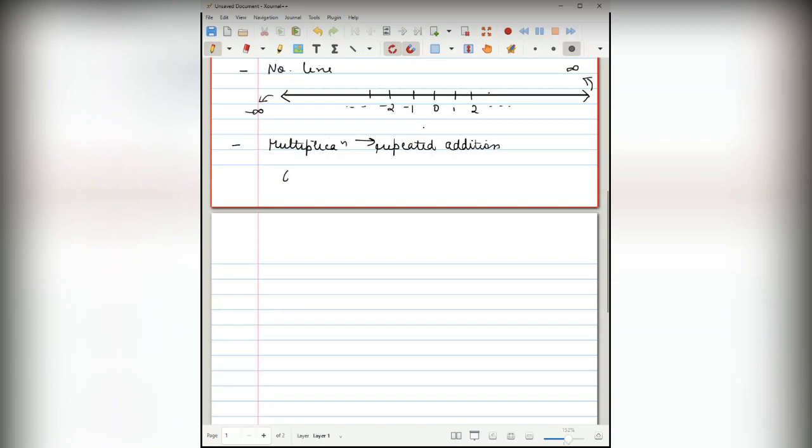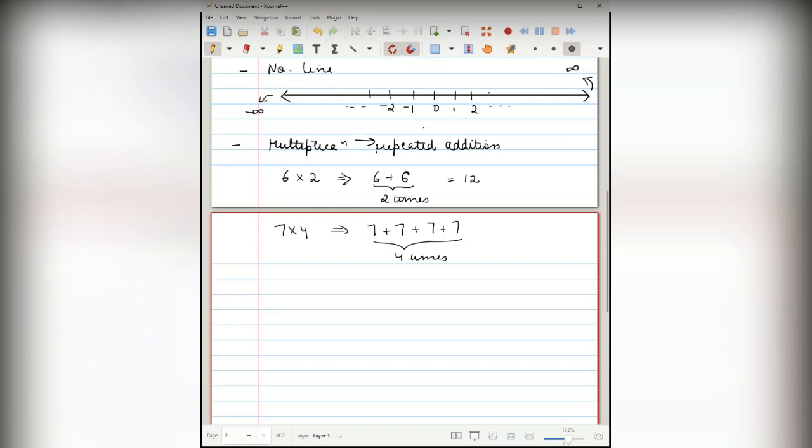If I say what is 6 into 2, it is nothing but 6 added 2 times, which equals 12. 7 into 4 means that 7 is added 4 times, that is 28. So we can show multiplication as m into n, or mn, or m dot n. These are some standard notations for multiplication.